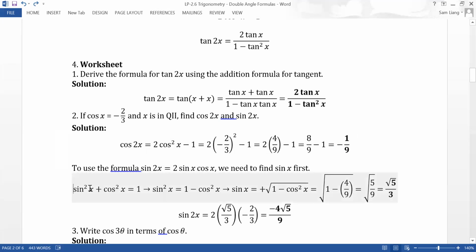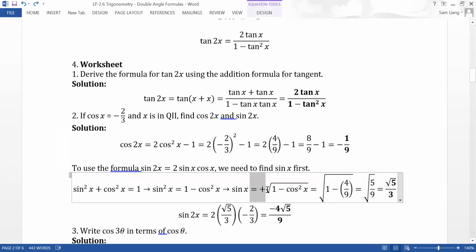So sine squared x plus cosine squared x is 1. Rewriting that, we get sine squared x equals 1 minus cosine squared x. Taking the square root of both sides, we get sine x equals the positive square root of 1 minus cosine squared x. We know that's positive because the angle is in quadrant 2, that's given, and sine is positive in quadrant 2.